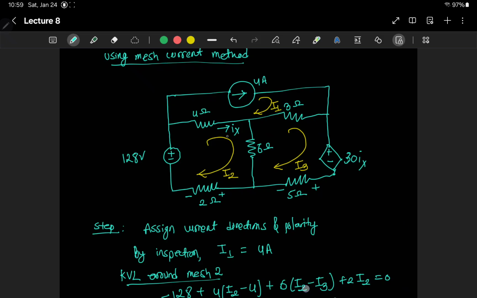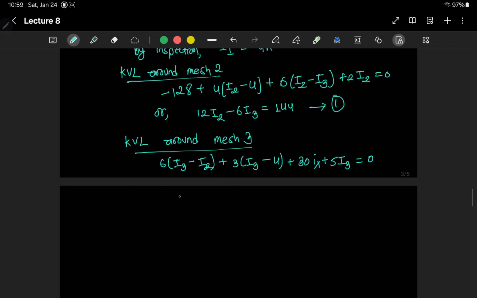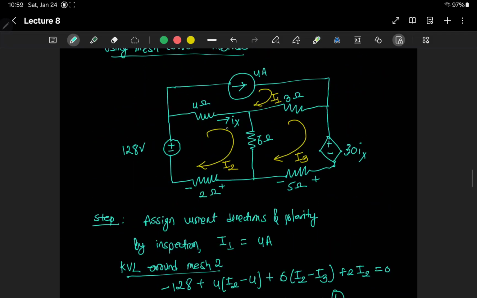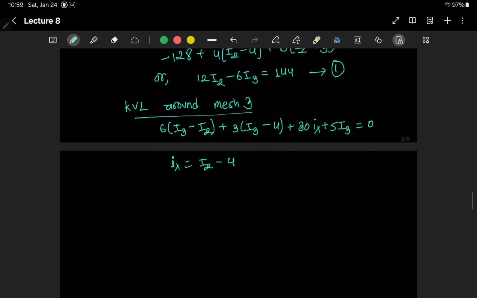So I1 is 4, and Ix is nothing other than I2 minus I1, which is I2 minus 4. So again, it's I2 and this is I1. I2 minus I1 is Ix. Now we substitute this value in the equation and simplify it.